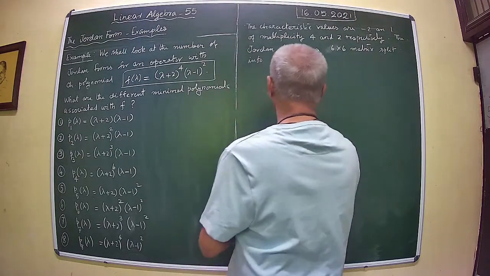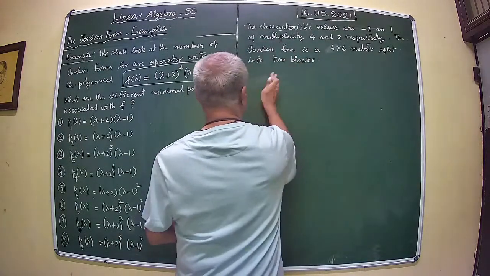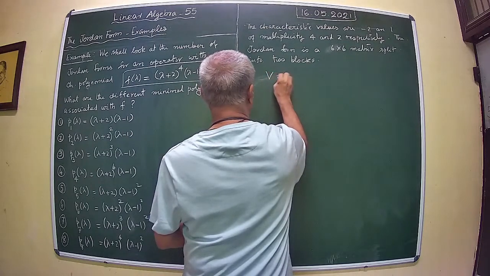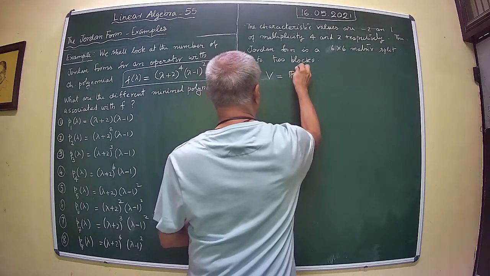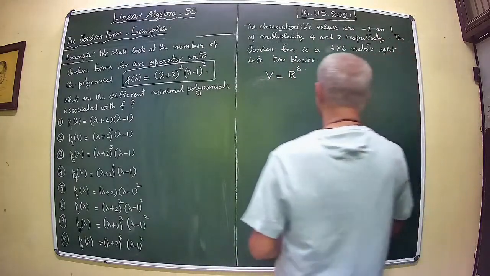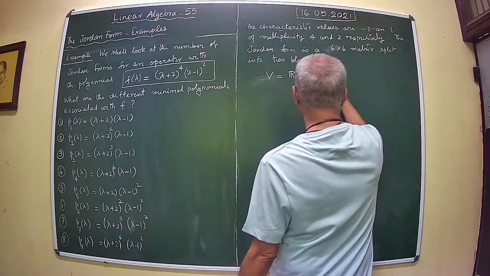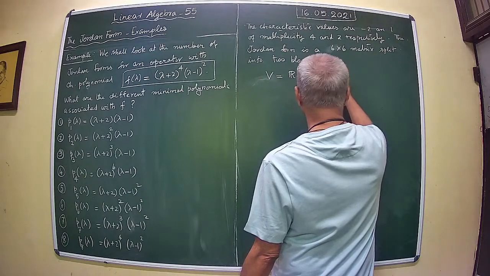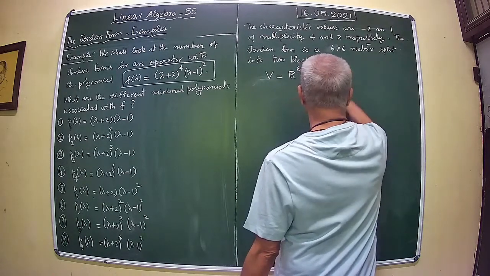See, what you have is this. Suppose let us take V to be equal to R6. Then we take N to be what is called the null space of.